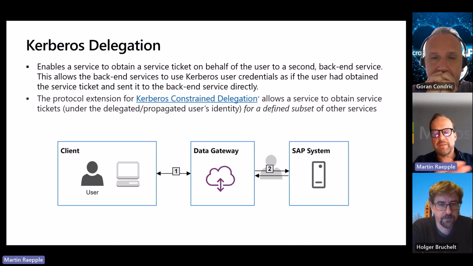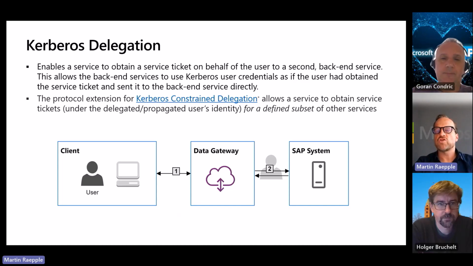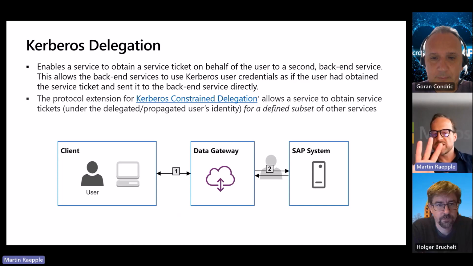Another example would be a web server sitting in between the two, a web server that needs to retrieve a file from a file server on behalf of that user. And you usually do this because you want to enforce all of the user's authorizations on that backend service, so that security is enforced throughout the whole call chain from the client to the backend.